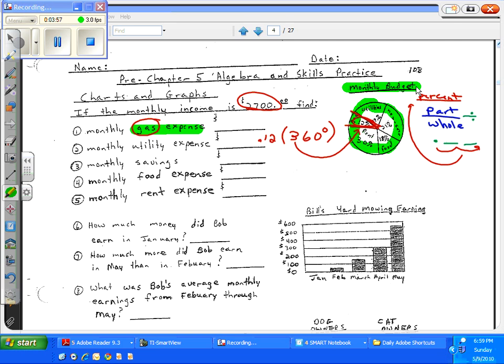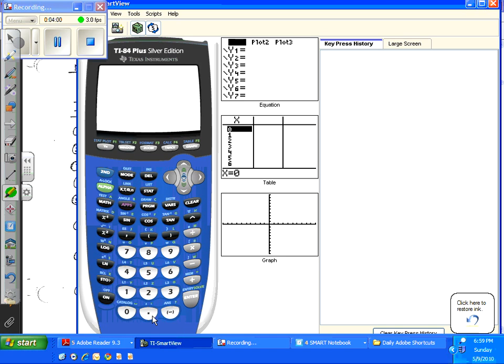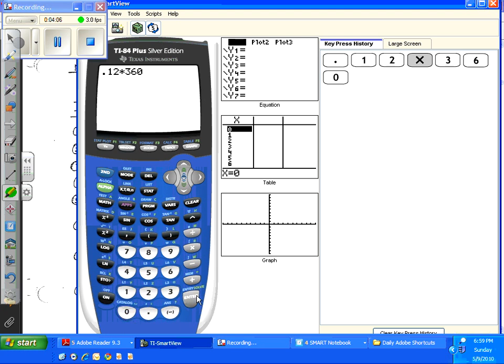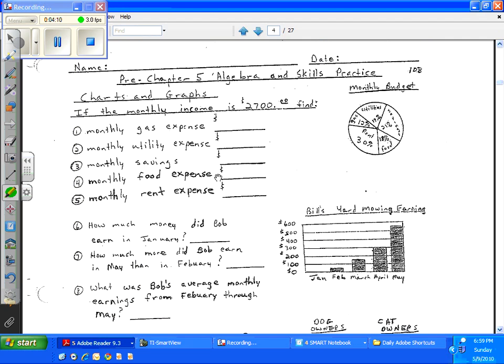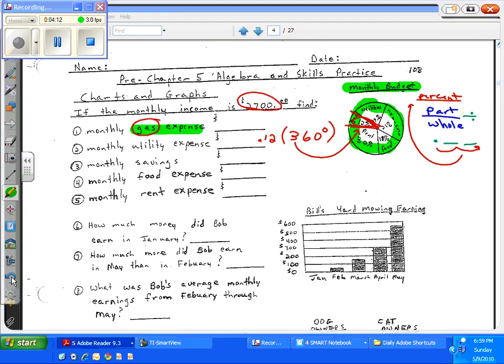Let's just do that right quick. Nowhere on here does it ask us to do that, but let's try it out. 0.12 times 360 degrees is 43.2 degrees. So it gave us in this diagram the percentages, but it could have given us the angle measure, 43.2 degrees, I believe it was in here, okay?